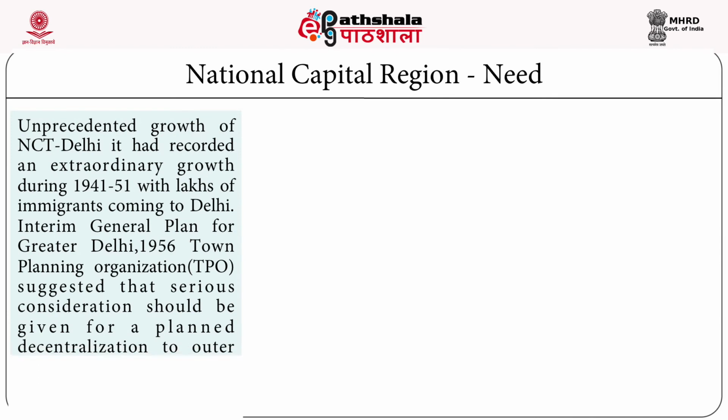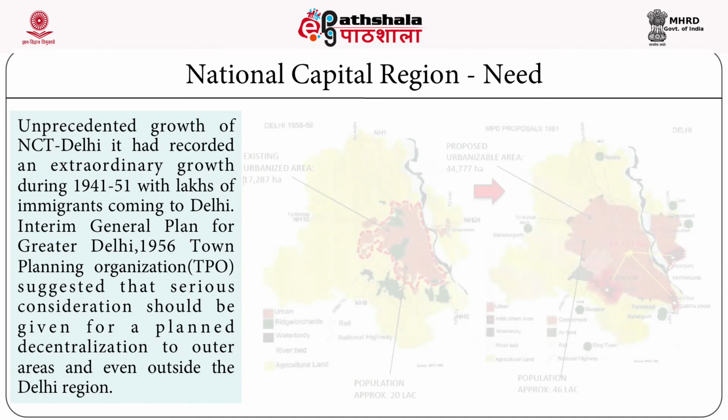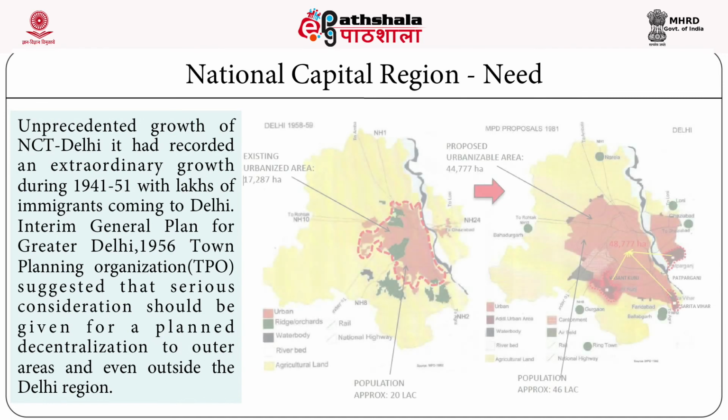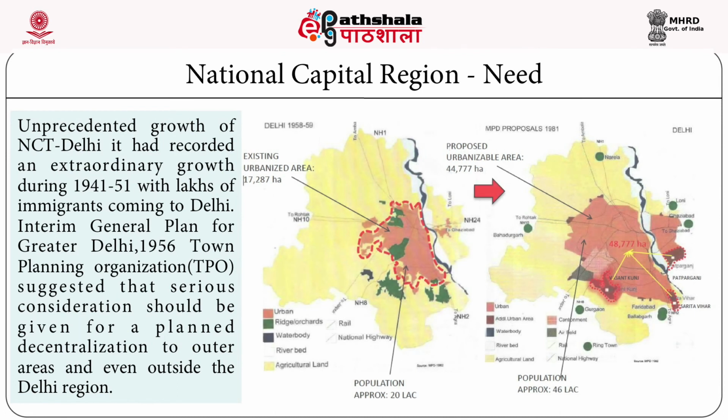There was also an interim general plan for Greater Delhi in 1956, and the TCPO or TPO, that is the Town Planning Organization, suggested that serious consideration should be given to a planned decentralization to outer areas and even outside the Delhi region. You can see from these maps what was planned for the city as planned decentralization.